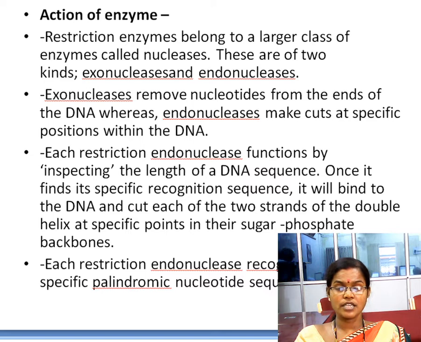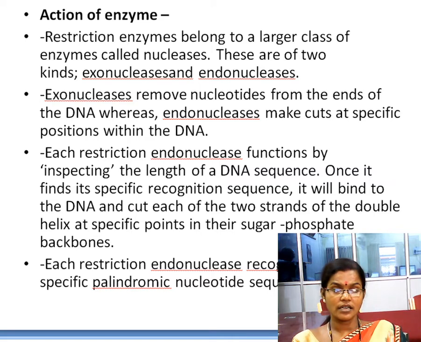That is called restriction endonuclease enzyme. Each restriction endonuclease inspects the length of the DNA sequence and cuts each of the two strands of the double helix at specific points in their sugar phosphate backbone.